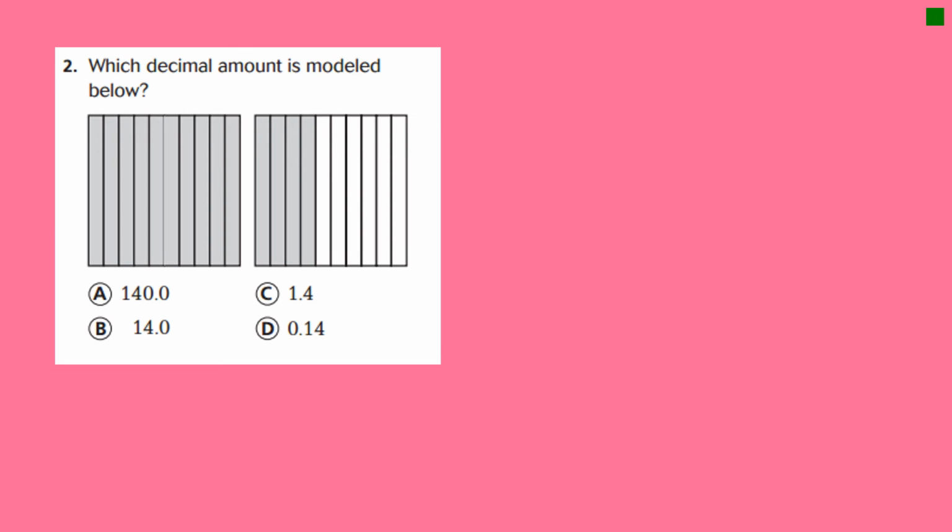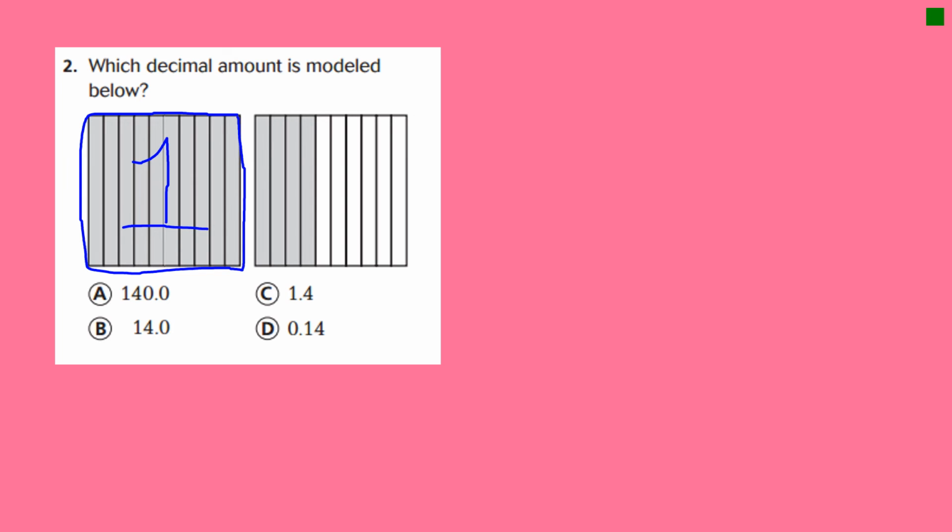Okay, so flip your page over, and this is the lesson check. It says, which decimal amount is modeled below? Okay, so back in the olden days, when you were learning about tens and ones and stuff, that used to be the symbol for 100. But, you know, it's just a tool that we use in math, so we can make it whatever we want. So while we're studying decimals, that is worth 1 whole.